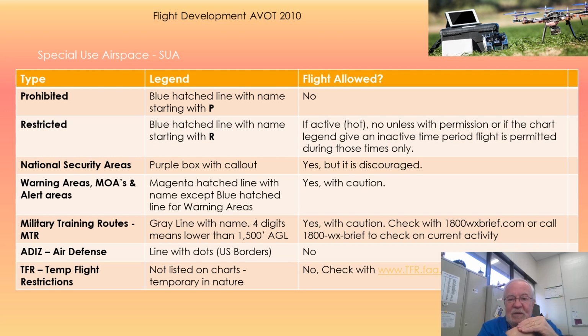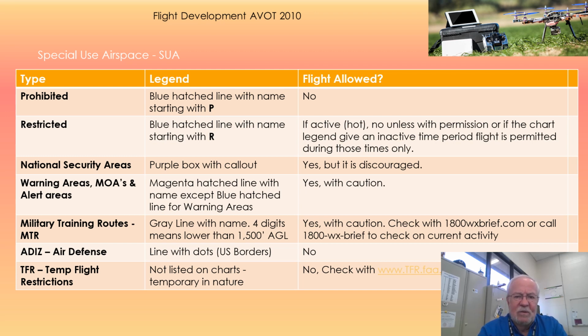But sometimes on the edge of the chart, if you look under R dash and the number, it will tell you the hours when it's not active. The military isn't always flying every day all the time. Or it may say call for permission. It might have a contact number that you might call to get permission to fly during those times.